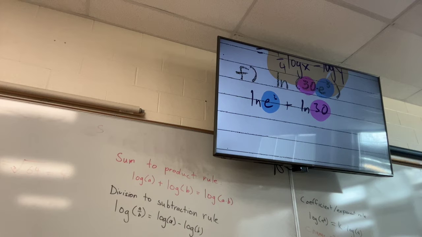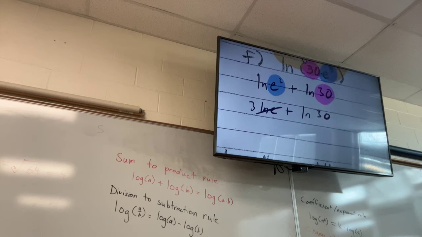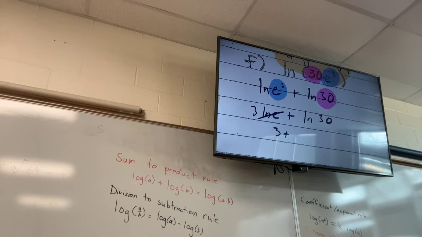And then Maddie, what can I do with that 3 then? Yeah. So those cancel out, as Maddie was saying, so it's 3 plus, and then we can even go farther with this one. We can rewrite 30 using prime factorization: 2 times 5 times 3.